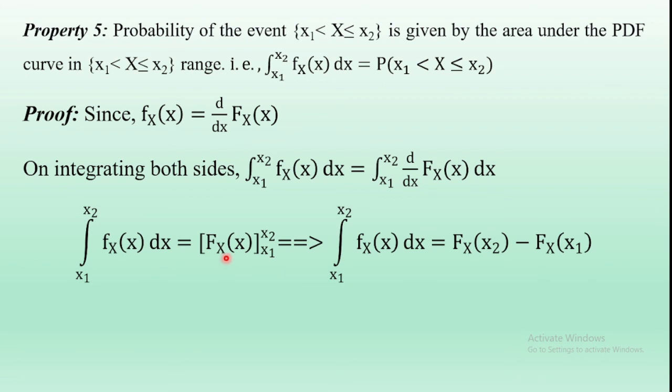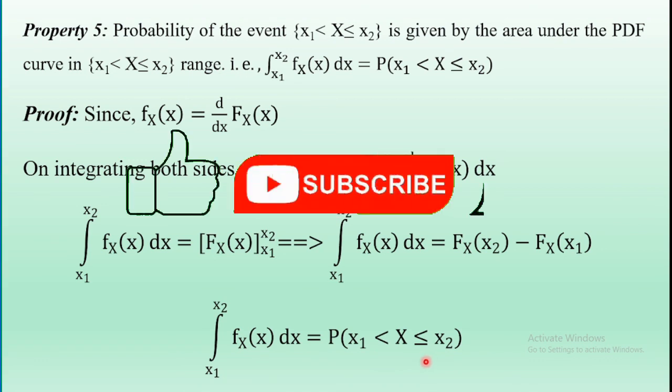Applying the upper value and lower value of x, the resultant RHS term is FX(x2) minus FX(x1). But we know from one of the properties of the cumulative distribution function that FX(x2) minus FX(x1) is the probability of x1 less than X less than or equal to x2. So this is the fifth property of the probability density function.